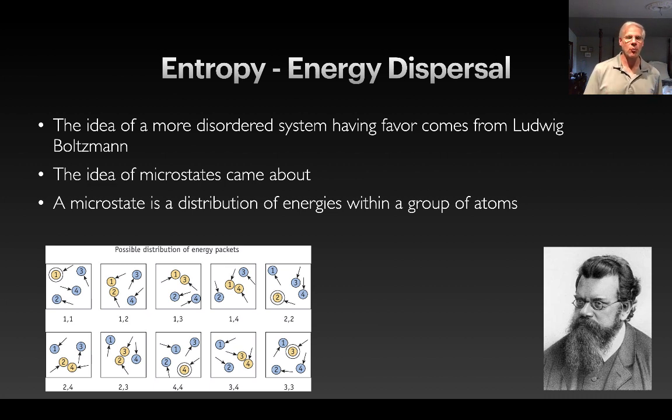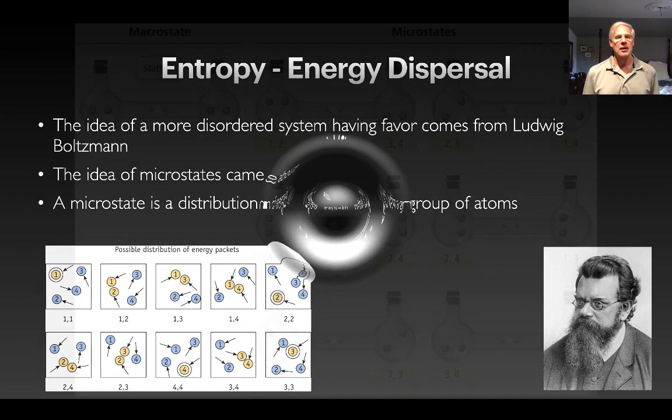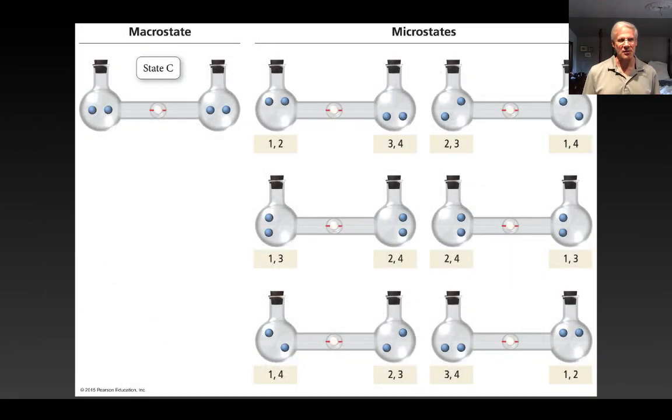There's 4 ways of distributing the energies just on one atom, and 6 ways of distributing them on 2 different atoms. And so you can see how you're more likely to have the energy distributed among more atoms than it is on a single atom. So that gives you an idea of available states versus occupied states.